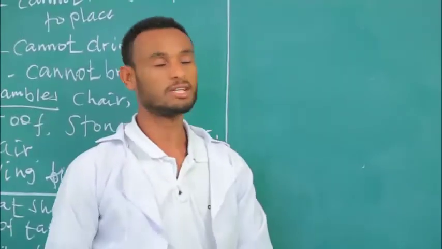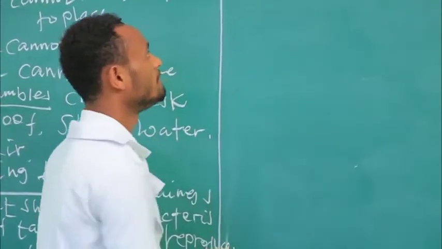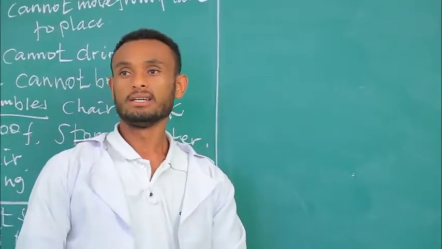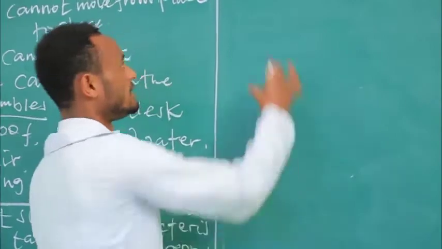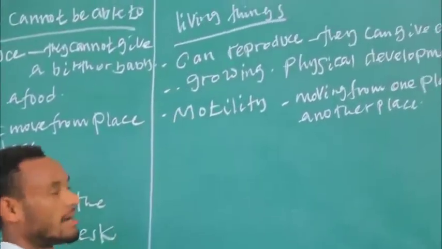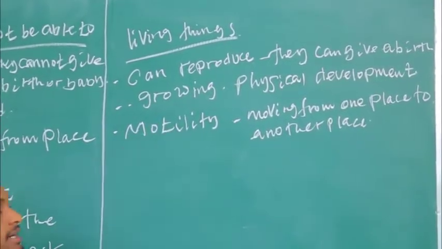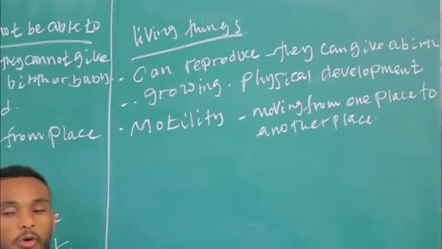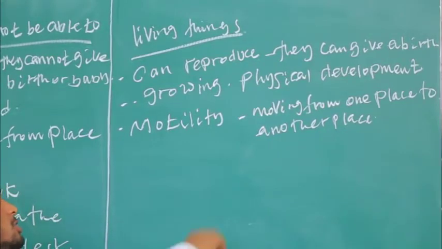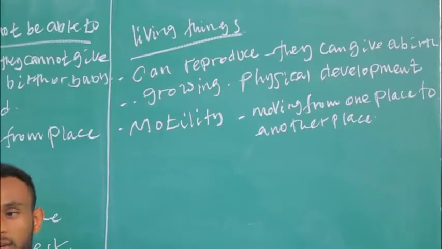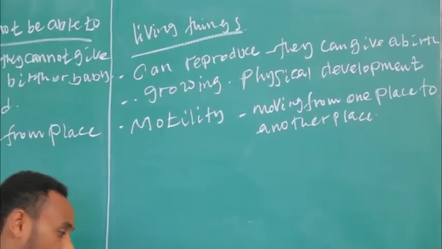So living and non-living things can be differentiated by these three basic characters: by growing, by moving from one place to another place, and also by reproducing, or by giving birth to a baby or a child. This is the main character of living objects.